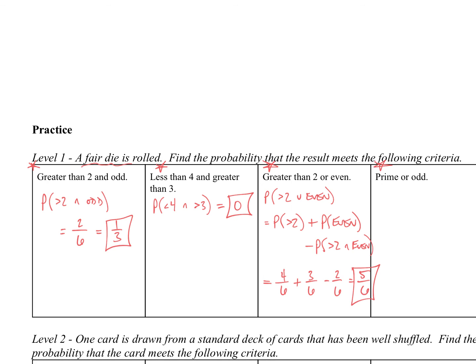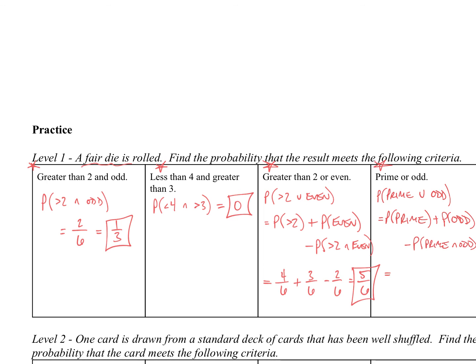Probability that a number is prime or is odd. Okay, the probability that a number is prime plus the probability that a number is odd minus the probability that a number is both prime and odd.